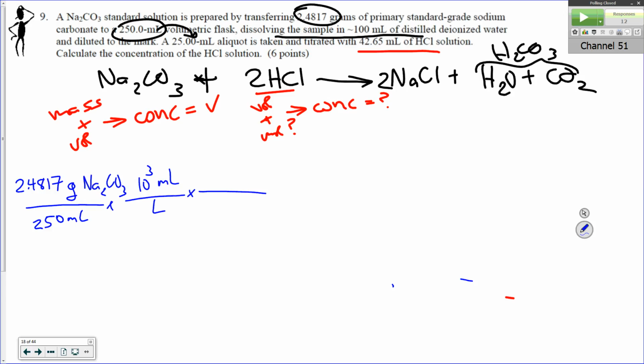If I look up sodium carbonate's molar mass in my handy table, it's 105.99 grams of sodium carbonate per mole of sodium carbonate.